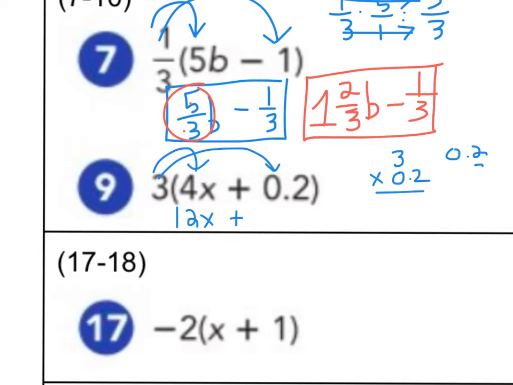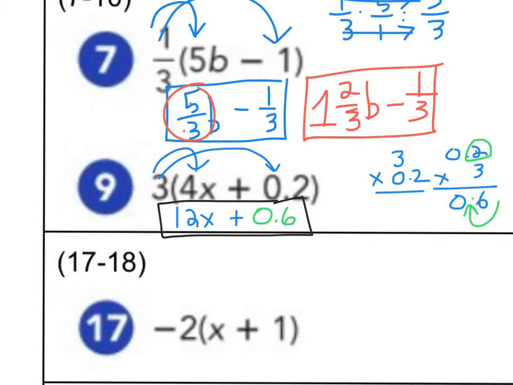So let's just do that. 6, 0, done. 1 place after the decimal, so 1 place after the decimal. So this would be 0.6. That's your final simplified expression.